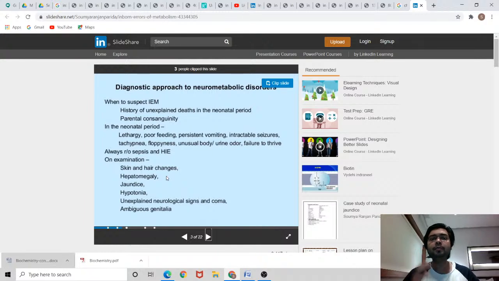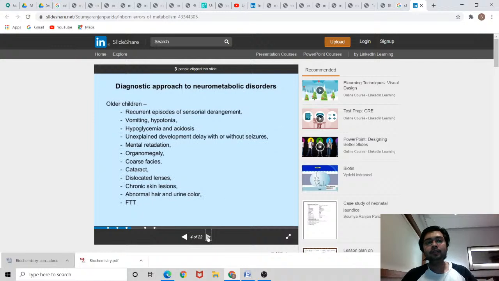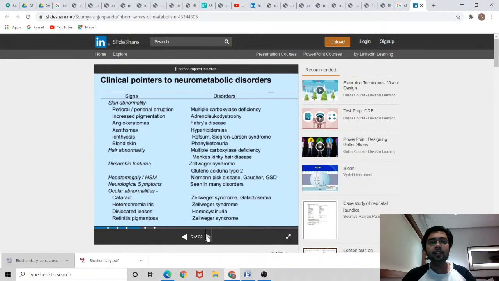So there will be some problem related to the newborn which might make you think about these inborn errors of metabolism. Then you should see what symptoms will take you to the diagnosis.